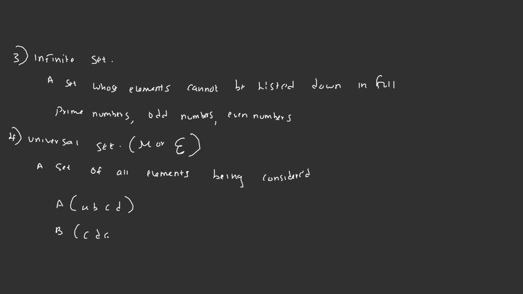So the universal set, where all the elements are being considered, will be given by a, b, c, d, e, f. So now the universal set encompasses all the elements being considered.